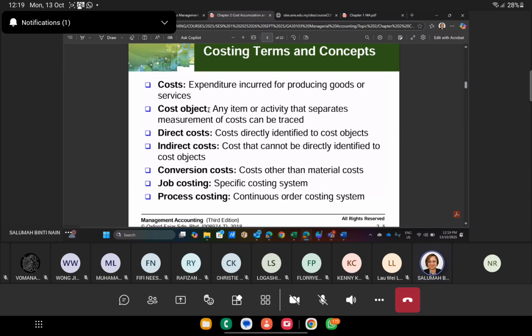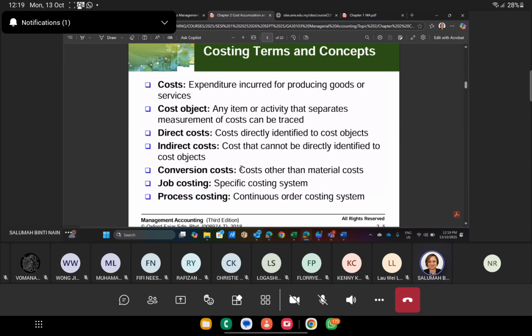That is cost object, so actually that is the product. Direct cost is cost directly identified to the cost object. Indirect cost is cost that cannot be directly identified to the cost object. So actually the cost object is the item, the product that we are going to produce.